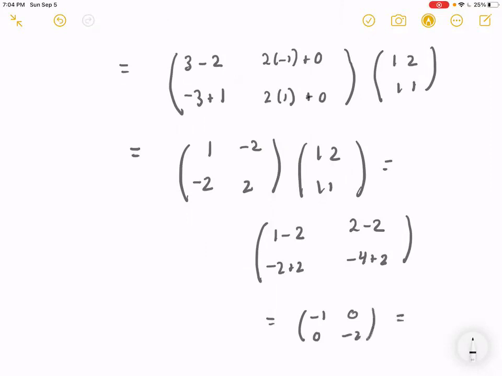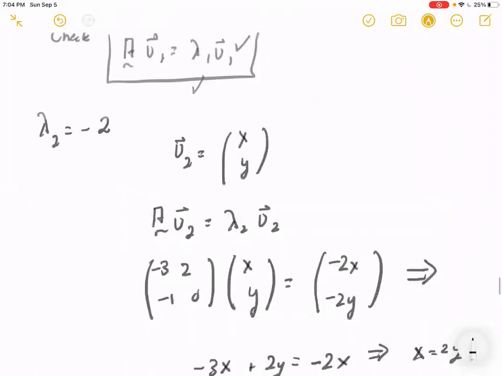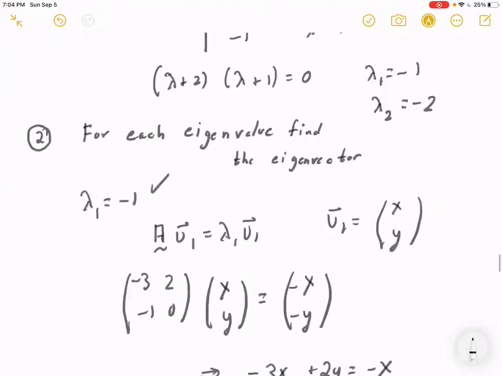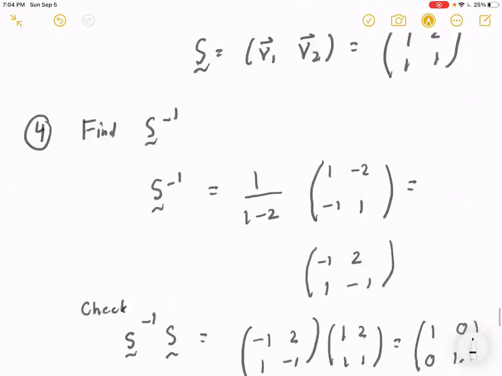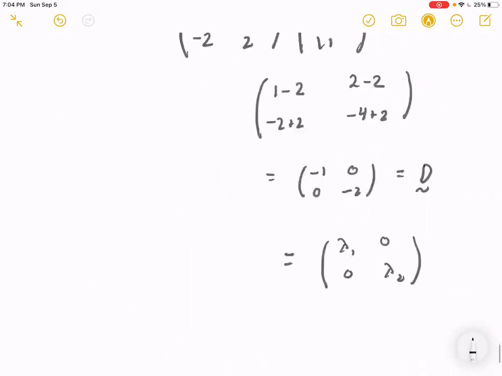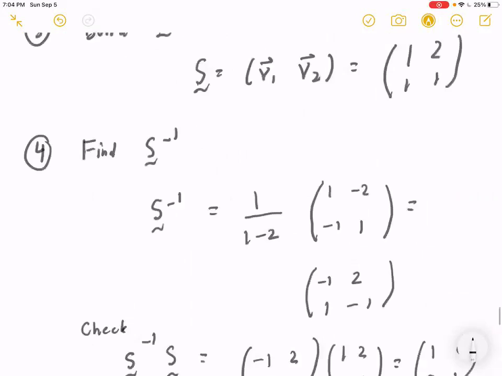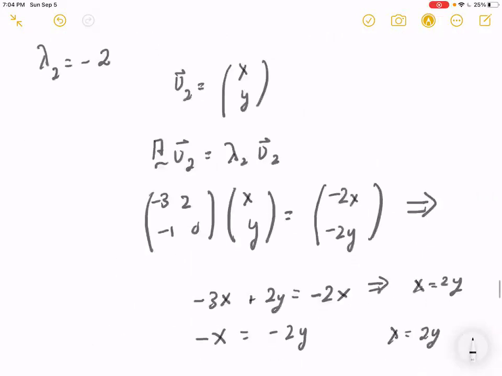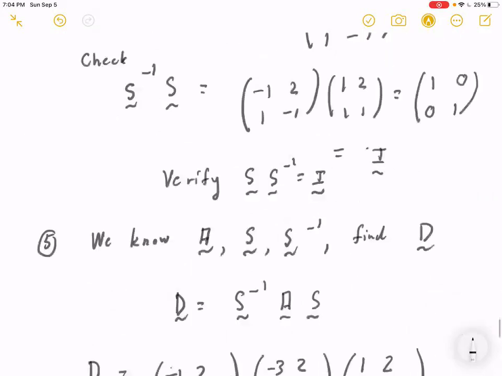And that is our diagonal matrix. And note the diagonal matrix elements are in fact the eigenvalues, lambda sub 1, which was minus 1, and lambda sub 2, which was minus 2. Okay. So this all checks.